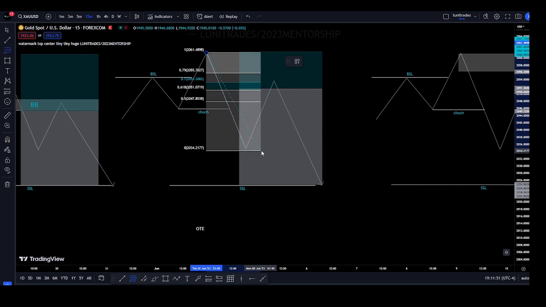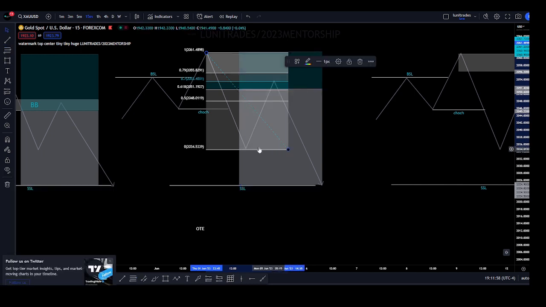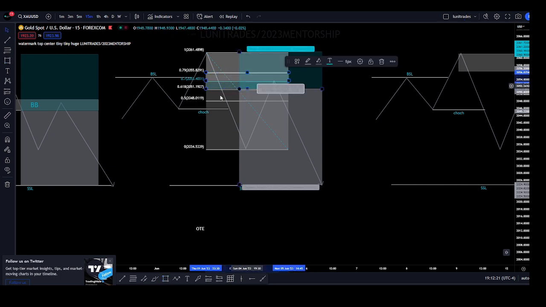You see, extend it in time. You understand? Leave it. Now, what you're targeting is from 0.79 to 0.618. That's your optimal trade entry area. So you want to carry this and maybe put it from that point down to that point and extend it. This is your optimal trade entry.